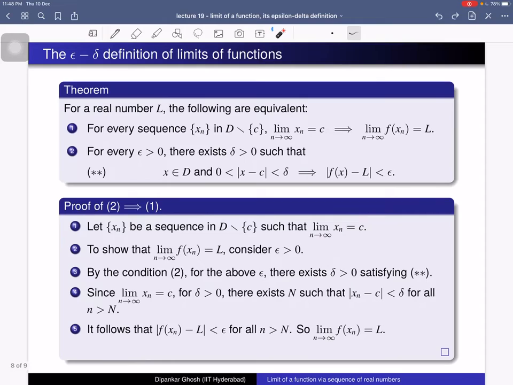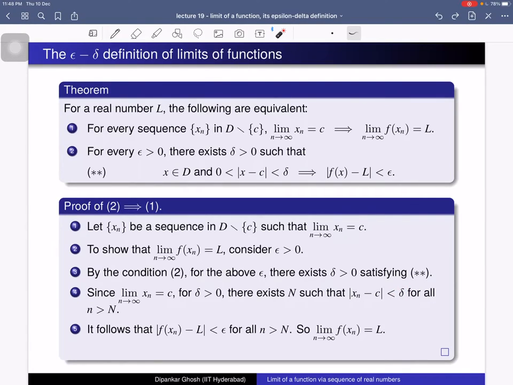Since C is the limit of xn, for every positive real number there exists a certain stage so that after that stage the distance between the nth term and C is less than that particular positive real number.